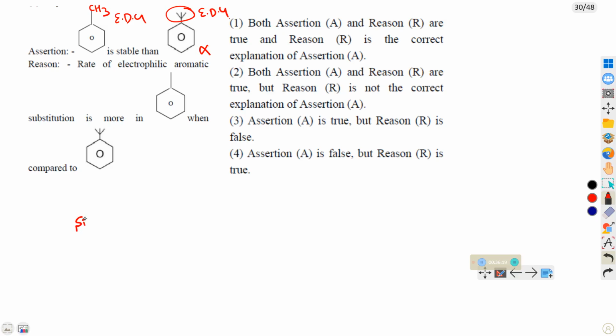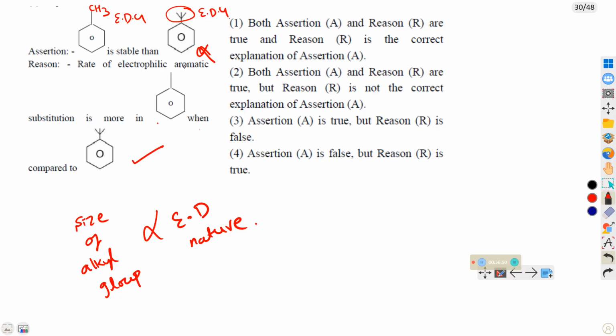As the size of the alkyl group increases, it is directly proportional to electron donating nature. So tertiary butyl benzene is more stable than toluene. So the assertion is wrong. The rate of electrophilic aromatic substitution is more in toluene when compared to tertiary butyl benzene.